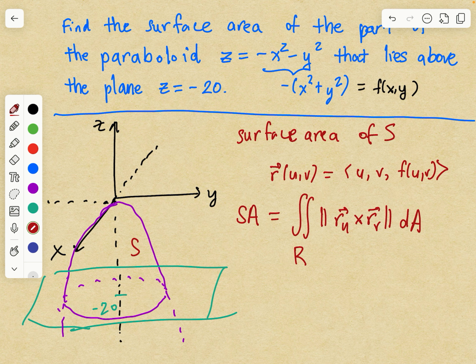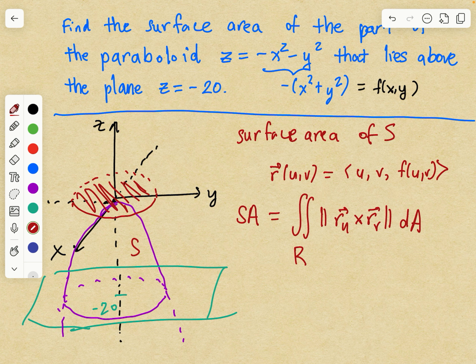And what's my region R? My region R is what I get when I project this surface down to the xy plane. Or well, in this case, I guess you project up to the xy plane. And when you take this surface and project it to the xy plane, what you're going to get is the circular region. You're going to get this.